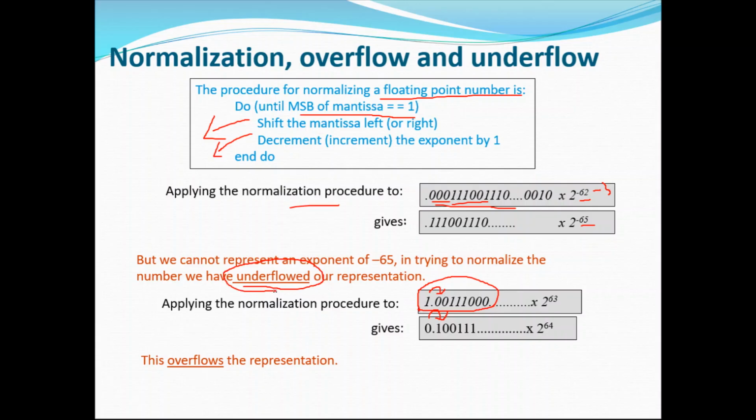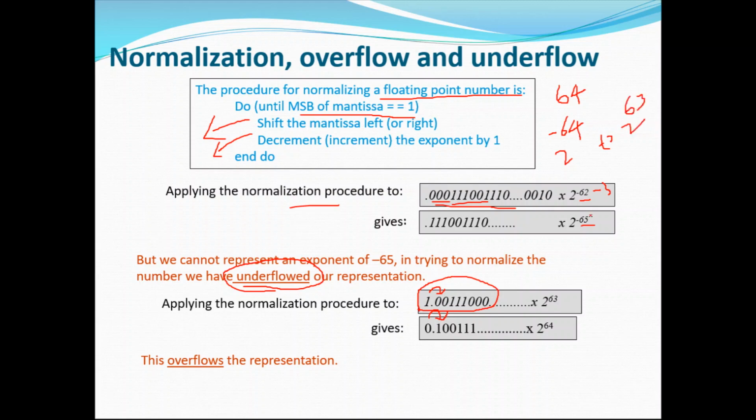The first one will create underflow because it is going up to minus 65. Even if it is a 64-bit number, you can have maximum from 2 to the power minus 64 to 2 to the power plus 63, not beyond that.